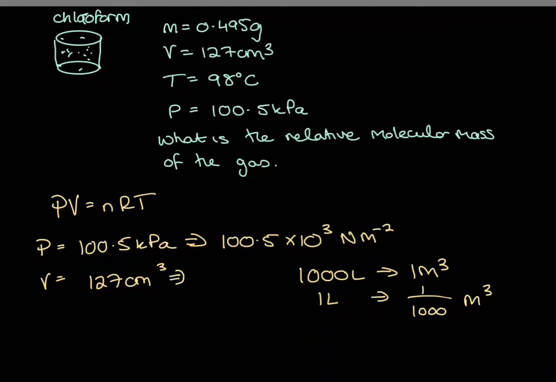Now, if I just wanted to quickly convert centimeters cubed into liters, it's 0.127 liters. So, multiply both sides by 0.127. 1 times 0.127 is 0.127, and we're going to get 0.127 over 1,000 here.